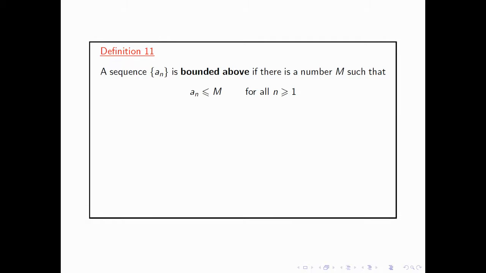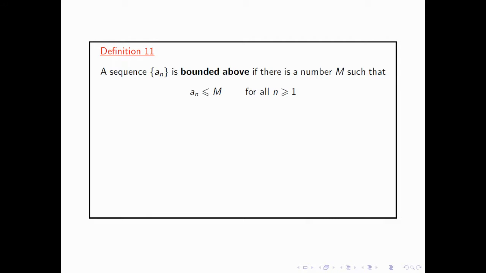So in other words, the sequence can never grow bigger than that number, capital M. Even if you go to the millionth entry in the sequence, it will never be larger than capital M.